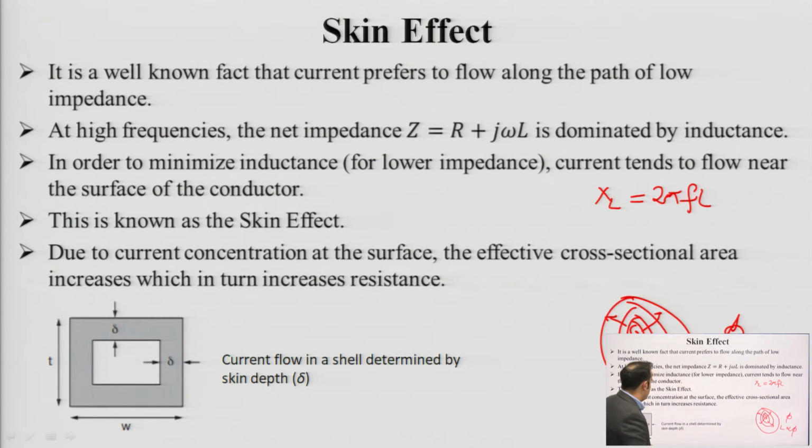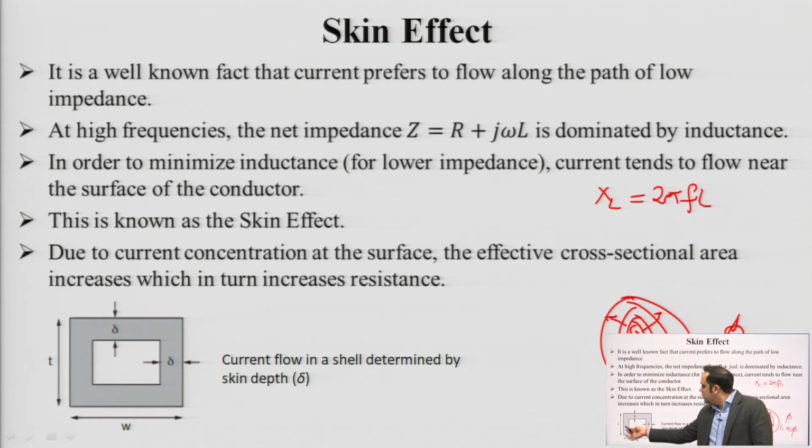If you see this small cross section of a conductor shown here with thickness T and width W, the bulk of the current is flowing through a certain depth denoted by delta.